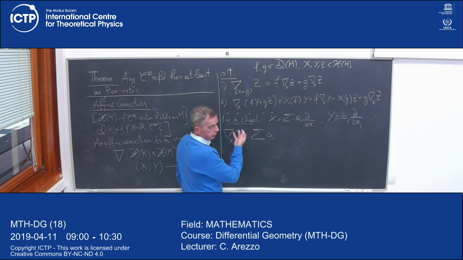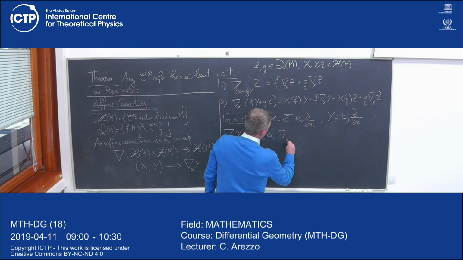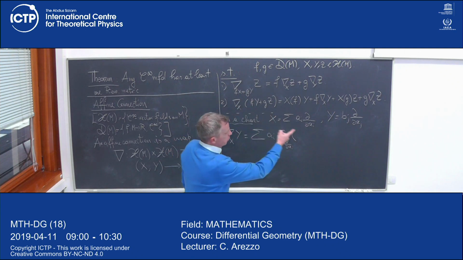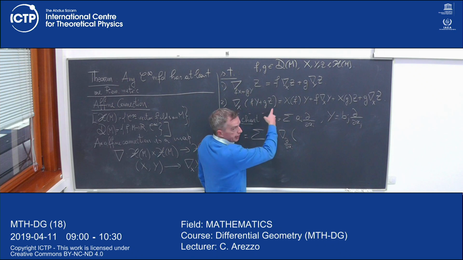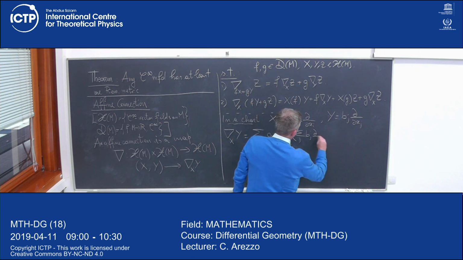The linear combination goes out, the coefficients go out, and I'm left with nabla d/dx_i of y. But y I now have to look at here. So let me first write it: sum over j of b_j d/dx_j.